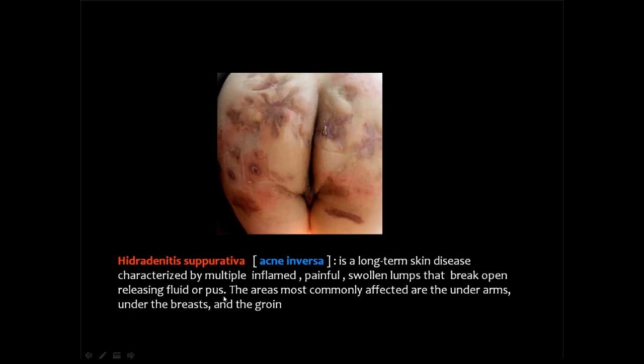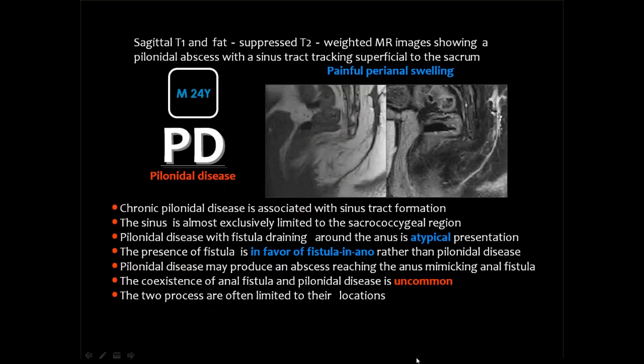The most commonly affected areas are under the arms, under the breasts and in the groin, and this is a gross appearance. And here you see a pilonidal sinus, which is of low signal in the T1 and high signal in the T2, and goes in the subcutaneous area.